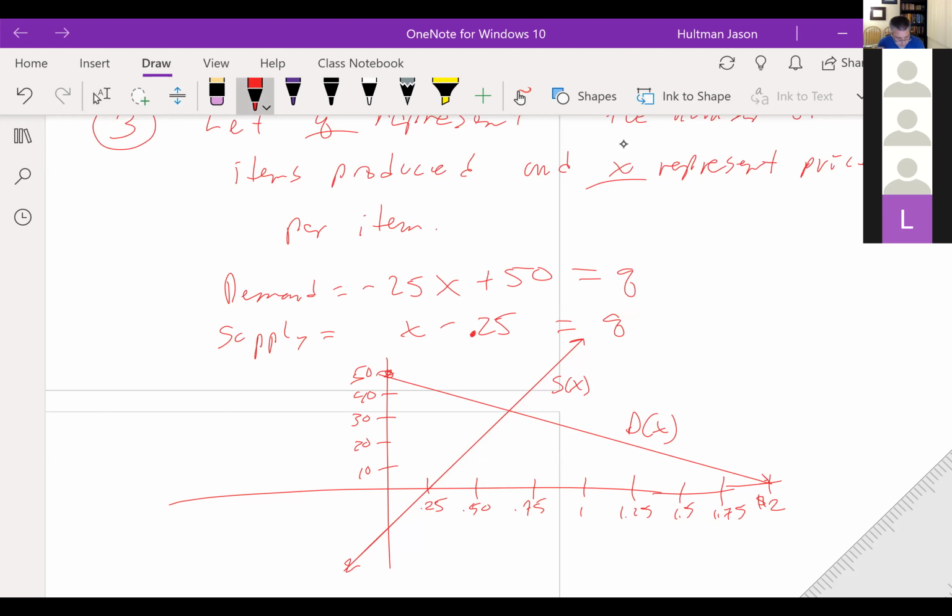Okay, and what I want to know is, where is my break-even point? What should my price be so that my supply and demand hit equilibrium?